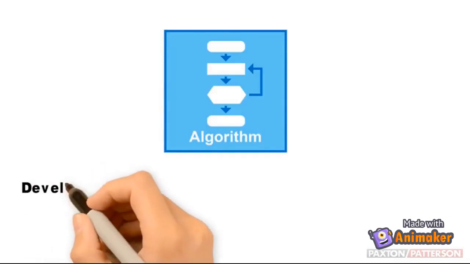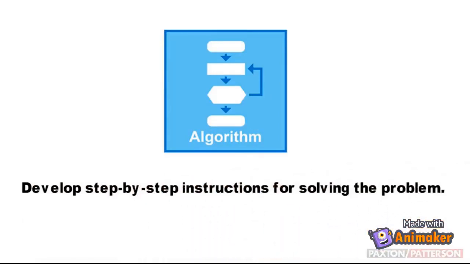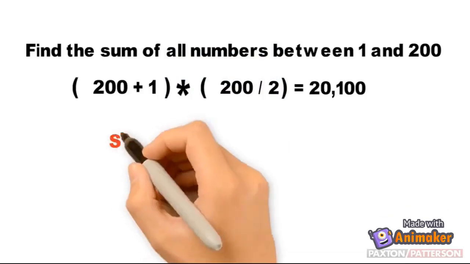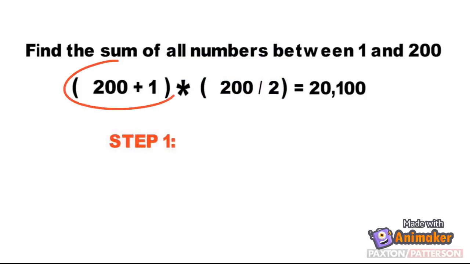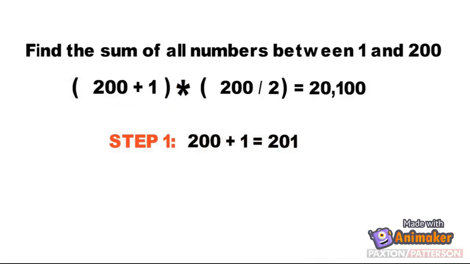Algorithm design involves developing step-by-step instructions for solving the problem, which you can use again to solve similar problems. In our original problem, we had to find the sum of all numbers between 1 and 200. Step 1. Find the sum of 200 plus 1. 200 plus 1 equals 201.